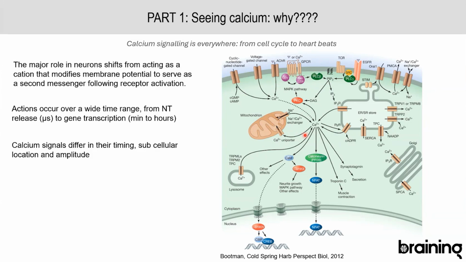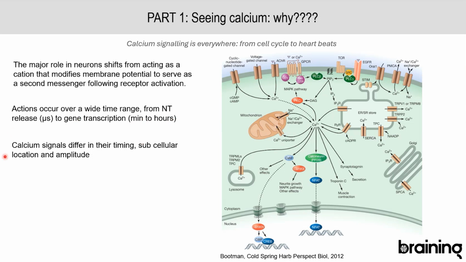So there are numerous functions for this ion, okay? And more important, its action occurs over a wide time range. So it can go from milliseconds when we are thinking of neurotransmitter release, or it can go to minutes to hours when we think of gene transcription.